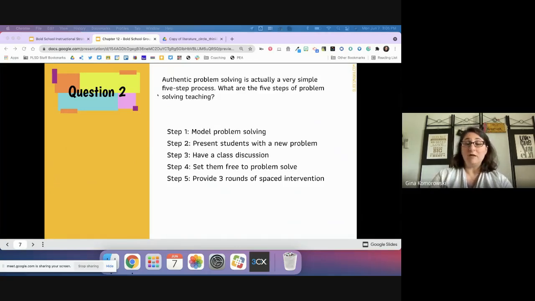Step 4 is when you step back and allow them to solve the problem. And the book does mention that they can solve problems individually, or if a student prefers, they can work in groups. Collaboration is something that you want to see and is very helpful, which we'll get into a little later.